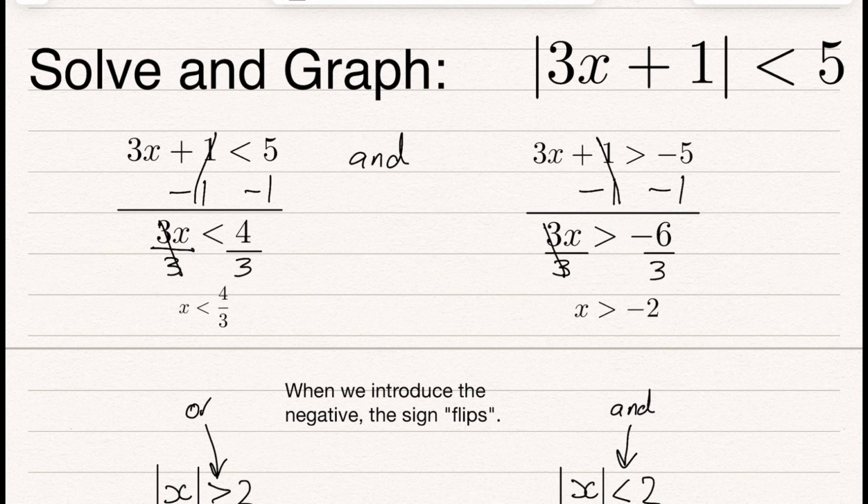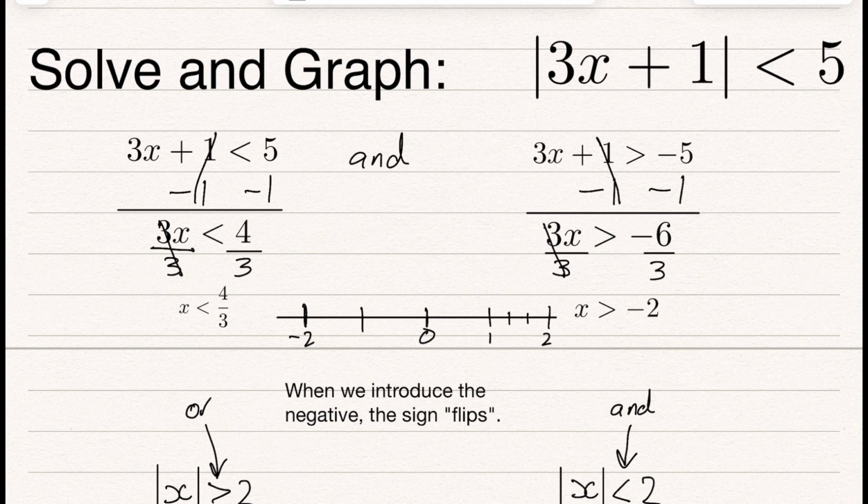So now we have our system, and we can graph this. So if this is 0, here's negative 2, 1, and 2. 4 thirds is 1 and 1 third. So we'll put some little markers in here that are thirds.